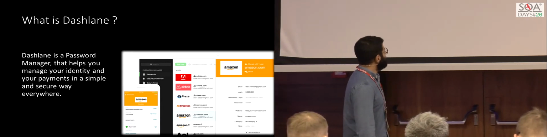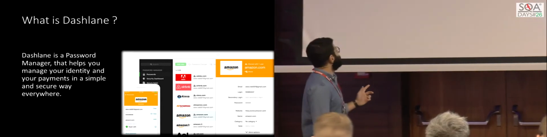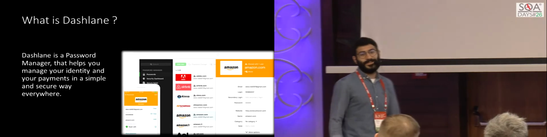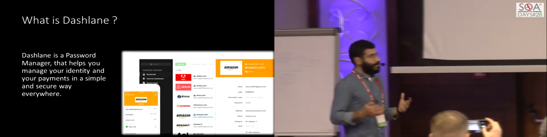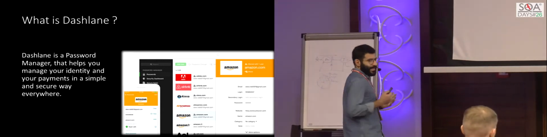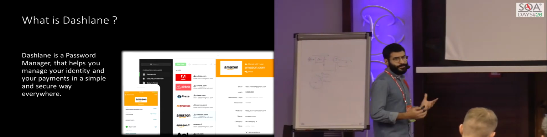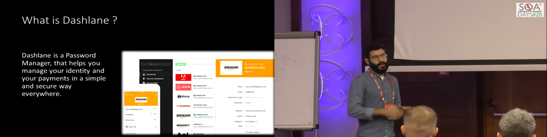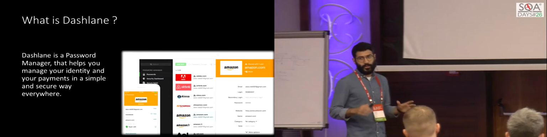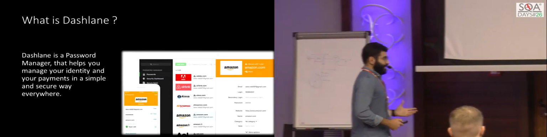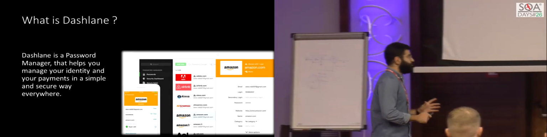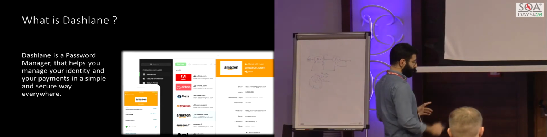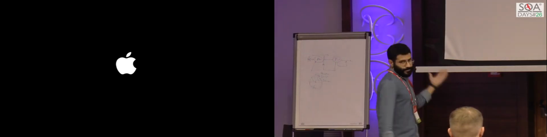What is Dashlane? In two words, Dashlane is a password manager that allows you to manage your identity and your payments in a very simple way, online and everywhere. And when I say everywhere, I mean all the platforms, and one platform in particular I will be talking a lot about today: Apple.